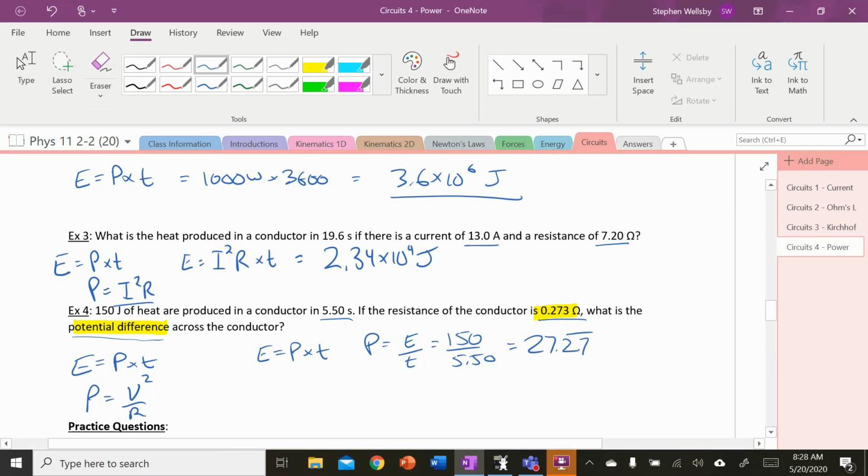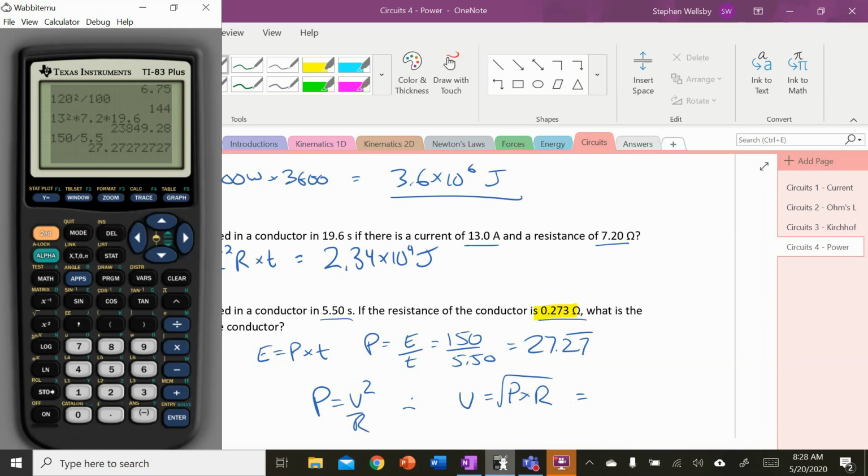Okay, so that's going to be my power, and I also know that power equals V squared over R, or in other words, V squared equals P times R, and then square root that whole thing. We're trying to solve for V. So I'm going to multiply this P by the resistance, 0.273 ohms.